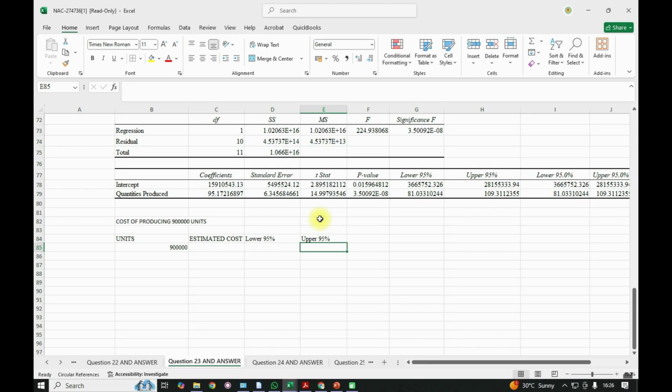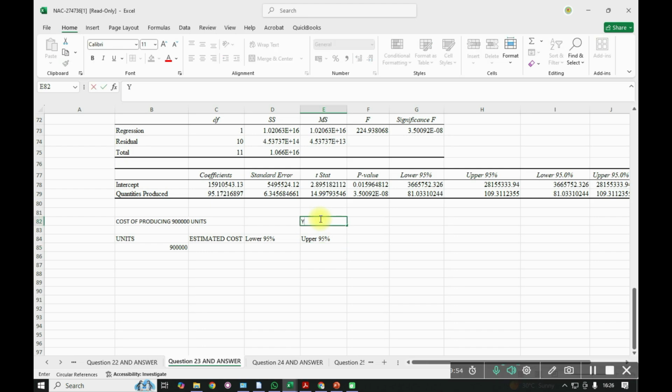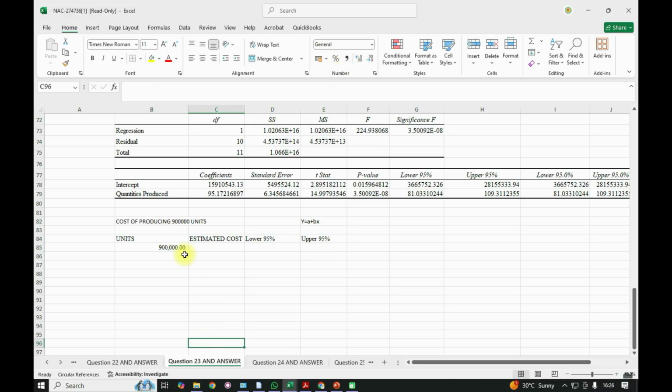Remember the equation is normally y equals a plus bx. A is the fixed and b is the variable. X is our unit, of which we have our x in this case here.